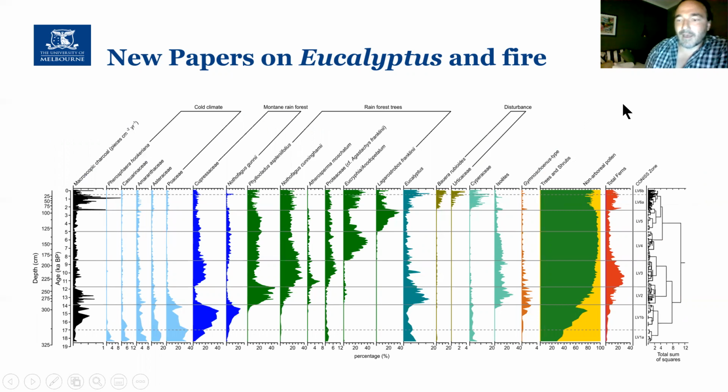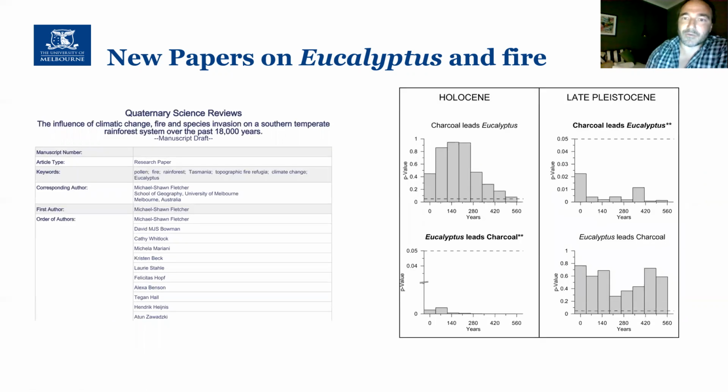So we did some time series testing on this. This time it was Granger causality. And it turns out that there were eucalypts at the termination of the last ice age, and there was charcoal, and there was a lot of eucalypts and charcoal in the late Holocene. In the late Pleistocene, charcoal leads eucalypts, so it seems as though the eucalypt presence is due to burning.